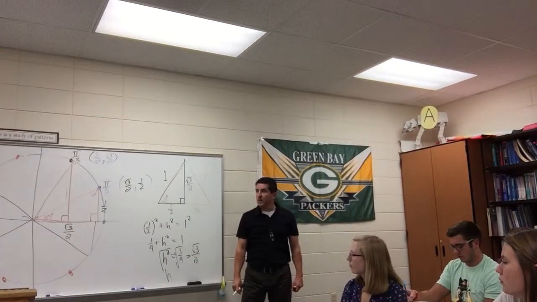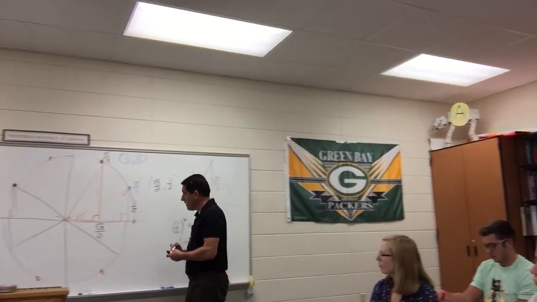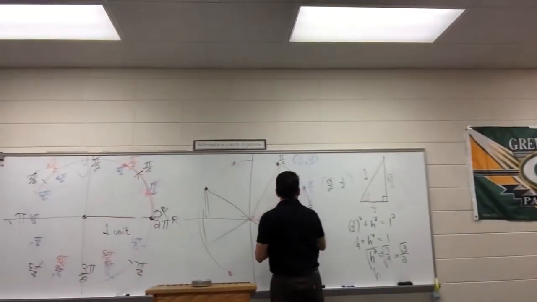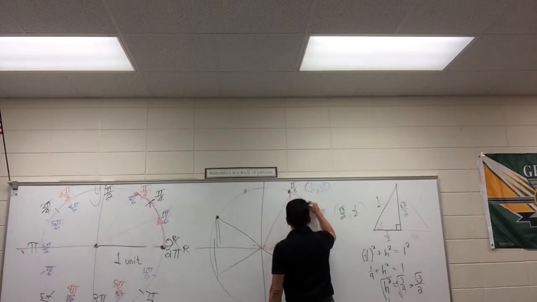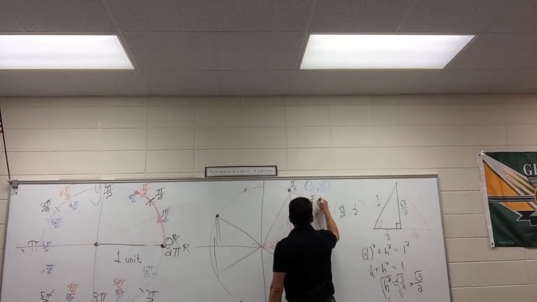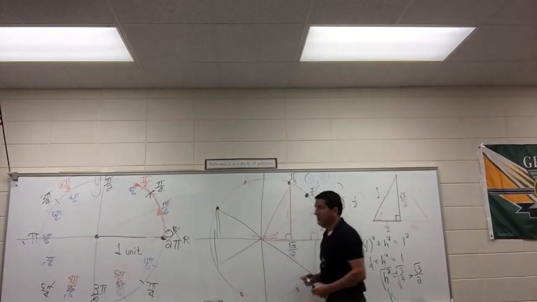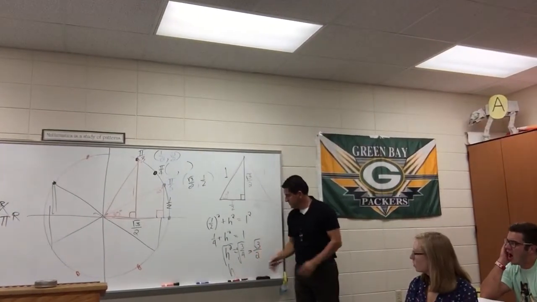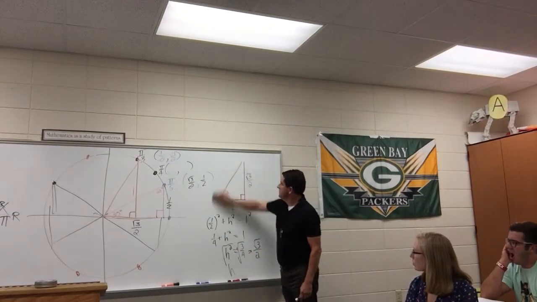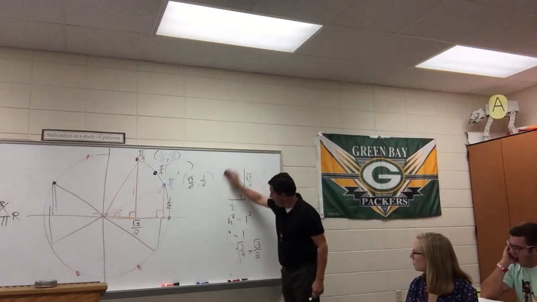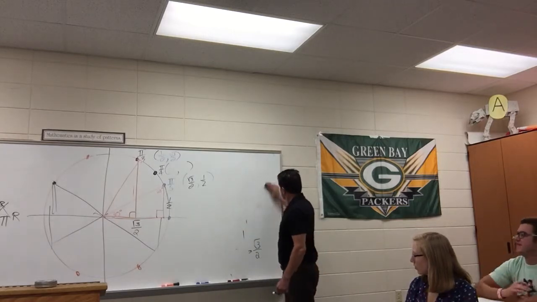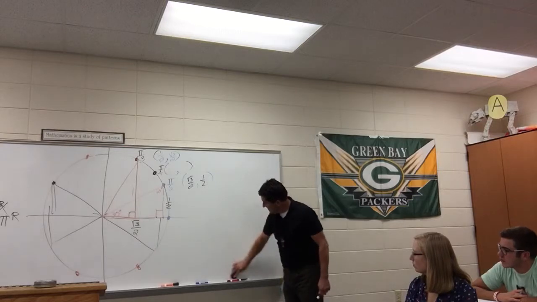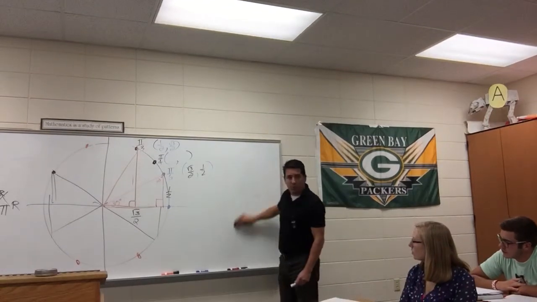The last one is the pi over 4, or any of those fourths. So this guy right here, pi over 4, what are the coordinates on that guy? Square root of 2 over 2. Both square root of 2 over 2?